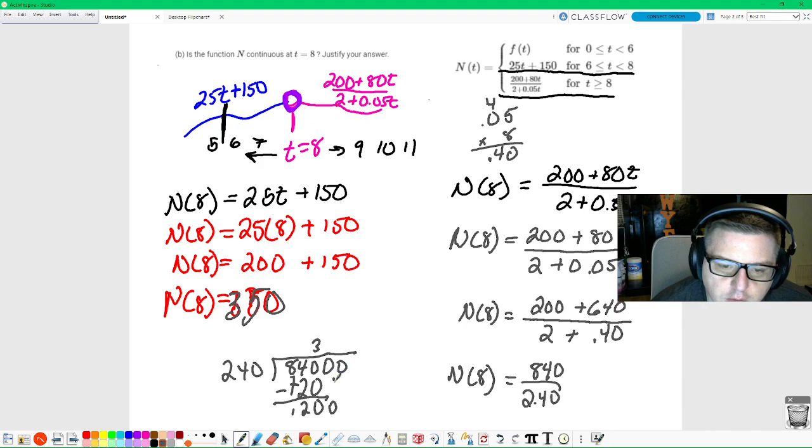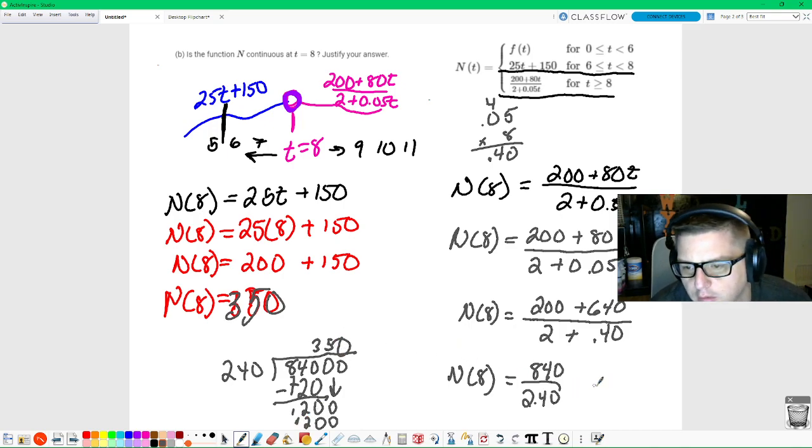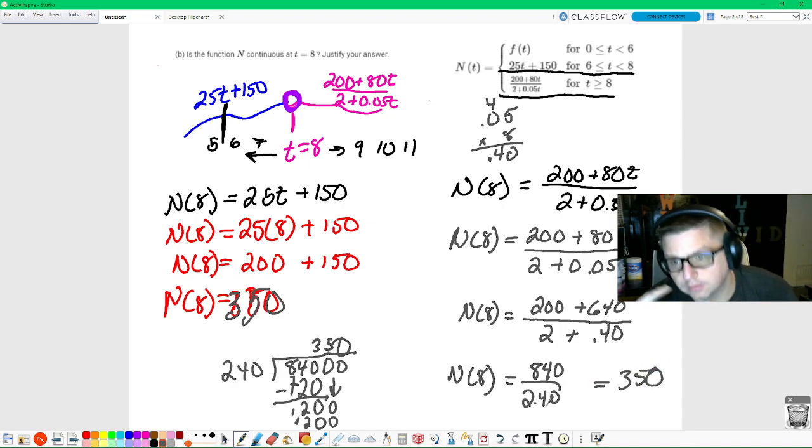And then, because I'm going to bring that down, I'm going to do that times 5 maybe. Let's try 5. 0, 20, and 12. So 350. Yuck. It does give me 350 though.